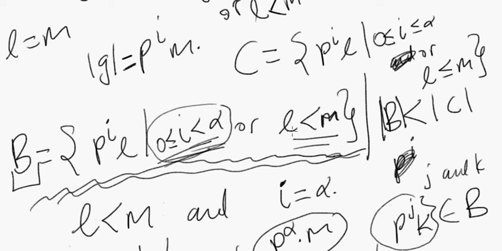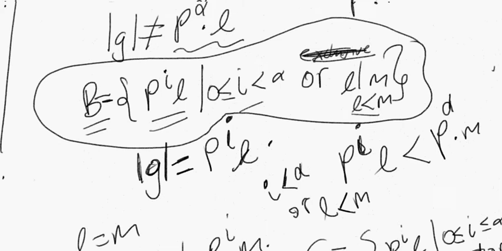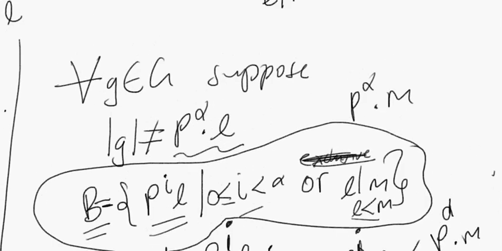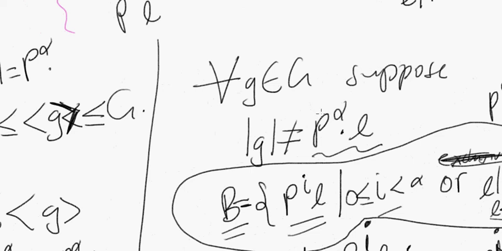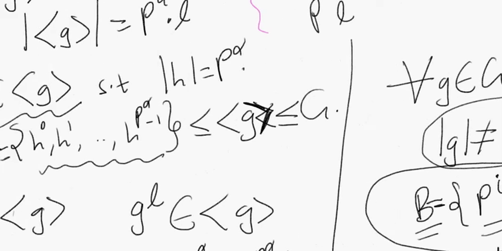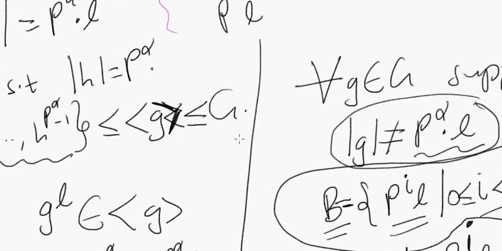alright, we just ran out of time, so we'll continue studying this set B, the set of all possible orders of elements of G, and see if that could give us an approach here, and maybe we can use this information to show us that no matter how hard we try, we'll always find an element of the group whose order is P to the alpha. And if we do this, it appears that we're done, because won't we have shown that if a group is not cyclic, we have an element of order P to the alpha, and did we prove before that if a group is cyclic, we also have an element of order P to the alpha, right?